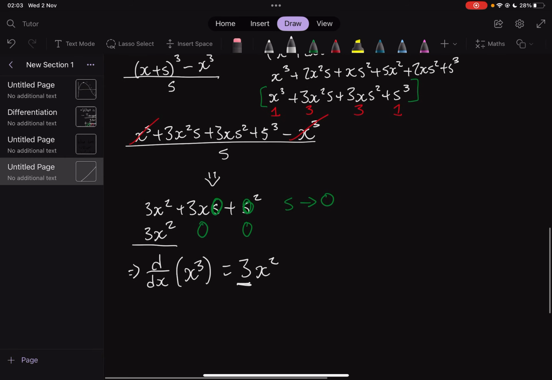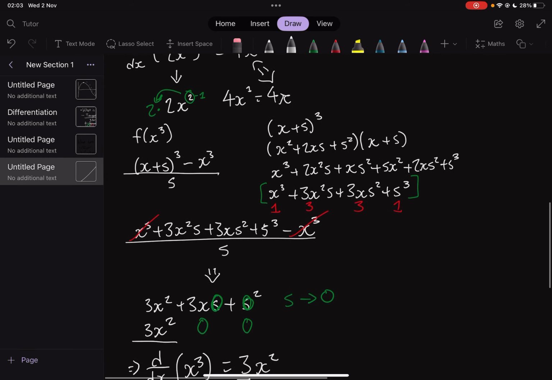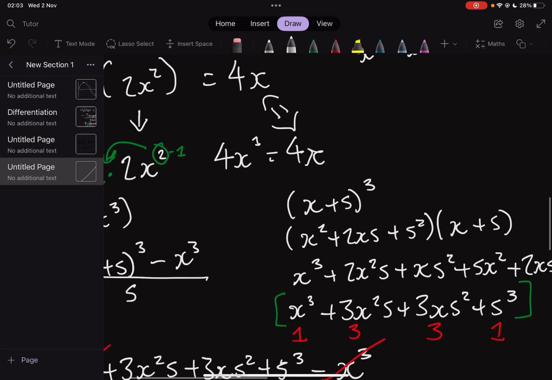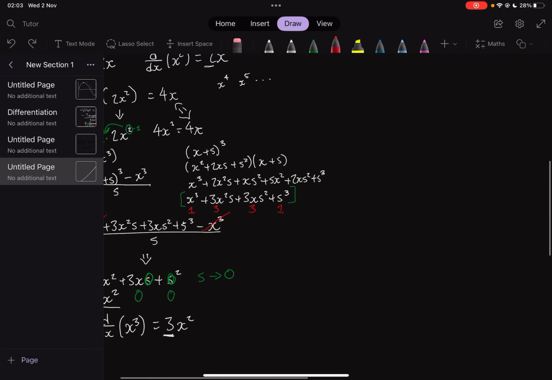It's basically just an expansion of the binomial theorem, which is the thing with Pascal's triangle.